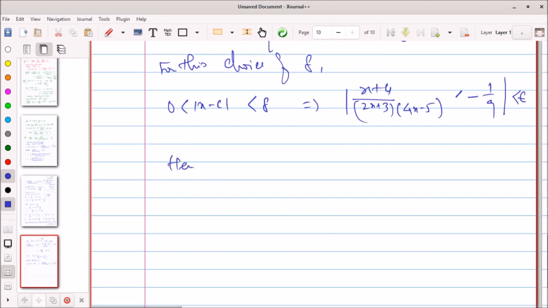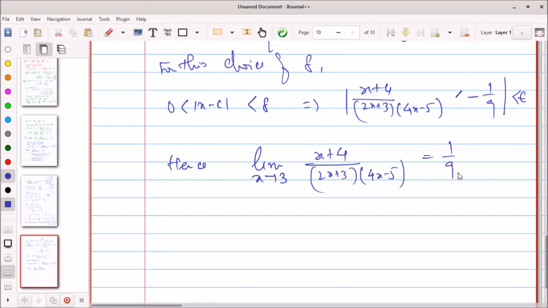Hence limit x tends to 3 of x plus 4 over (2x plus 3)(4x minus 5) is equal to 1 by 9. So this one is question number 3.